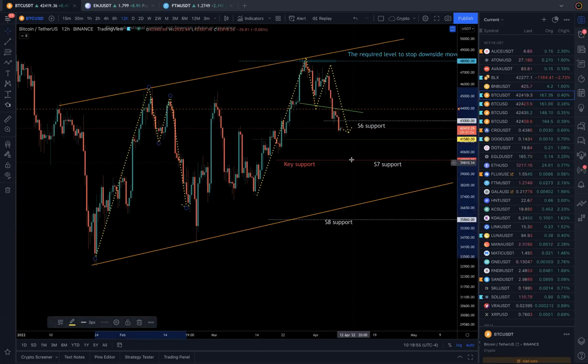So first of all, I think it's likely to touch 40 to 41k, which I mentioned last night as well. So there is a high probability of it. Okay, in between there could be a little bounce here and there, it doesn't matter. And then this is very important, this is super important, not very important, but the most important level to me.